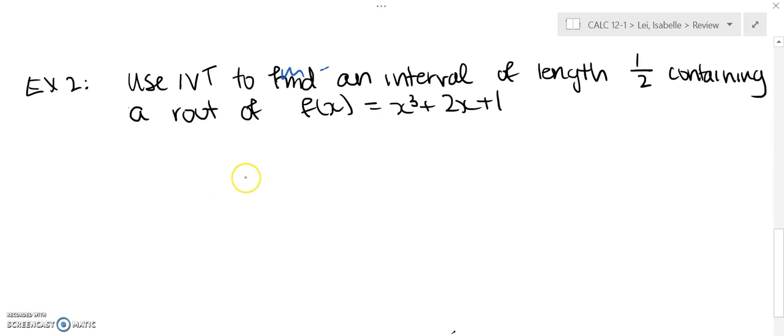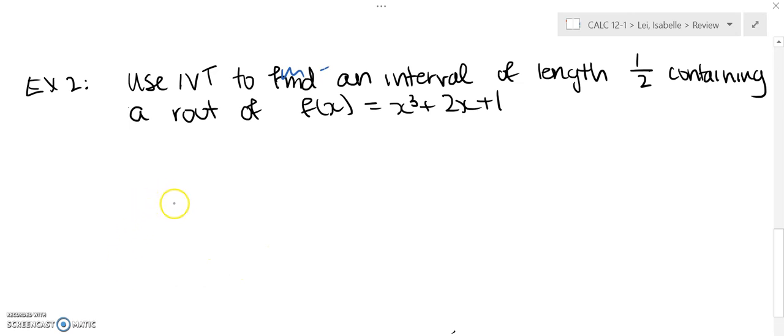So first we have to recognize that we can use corollary 2 to prove this, since corollary 2 states that if f of x is continuous on a, b, then when f of a and f of b are non-zero and have opposite signs, f of x must have a 0 between a and b. So we have to find an interval of length a half, which will have opposite y value signs, which means that there will be a root in between those two x values.